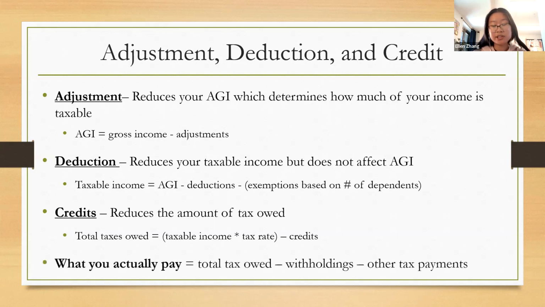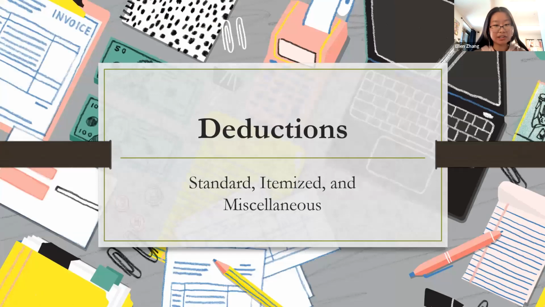But what you actually pay at the end of your tax return is your total taxes owed minus any withholdings and other tax payments that you made throughout the year. And if this amount is negative, that would end up being a refund instead of you paying taxes. So all three of these are very important tools to help decrease your tax dues and to get you some tax refunds. So we're going to go ahead and look at deductions.